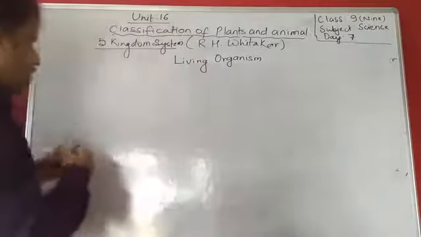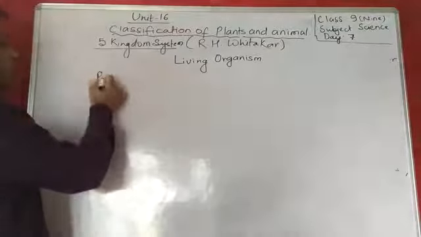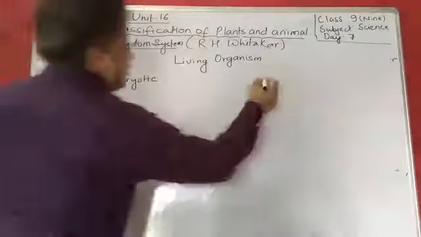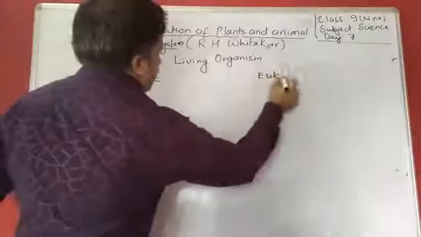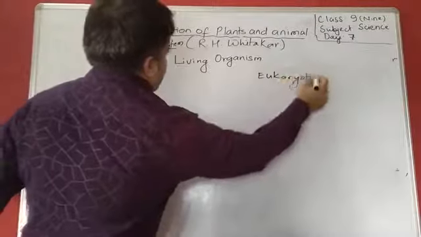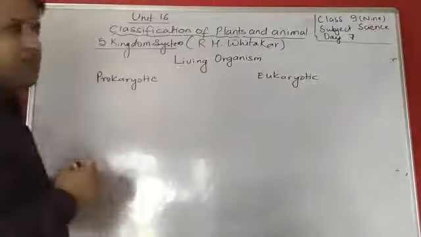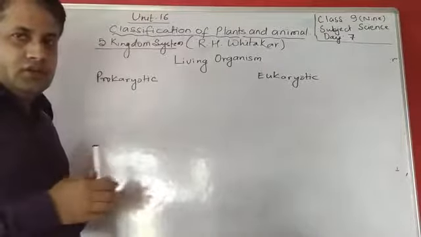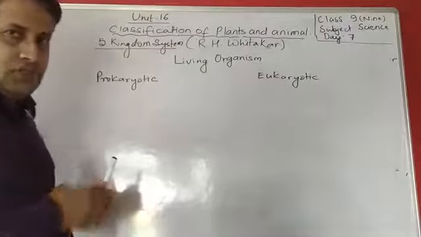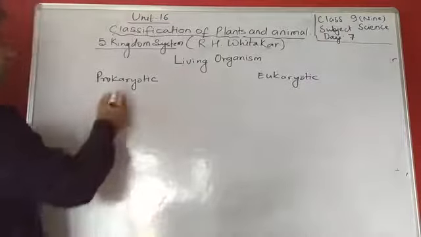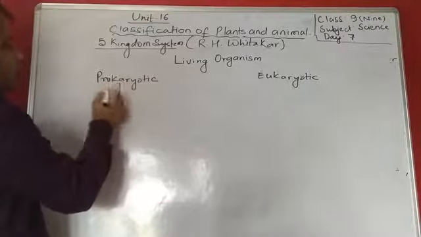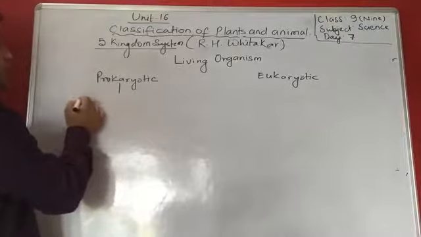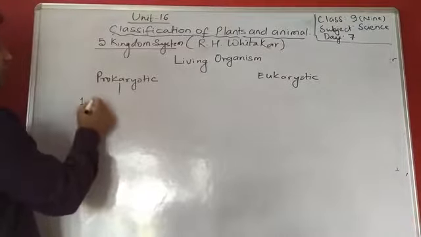So at first he classified the organisms as prokaryotic type and eukaryotic type. Okay, so the organisms having a primitive type of cell, the cell without nucleus or other cell bodies, and all these organisms were unicellular, and they were classified and named as monera.